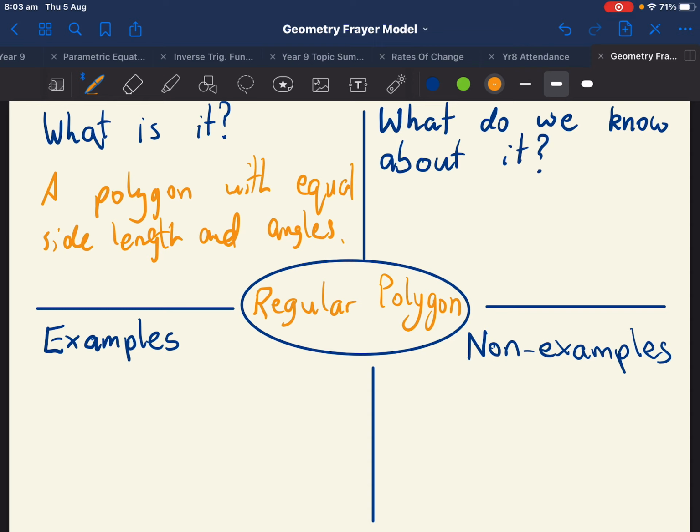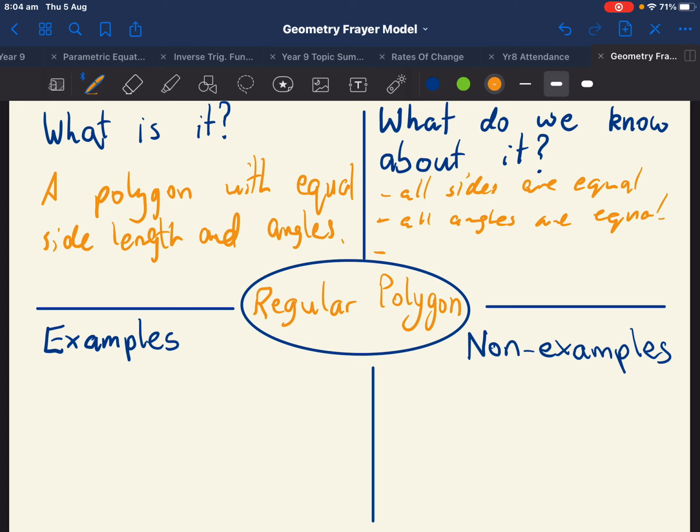What do we know about it? Well, other than the definition, which gives us quite a bit: all sides are equal in length, all angles are equal.